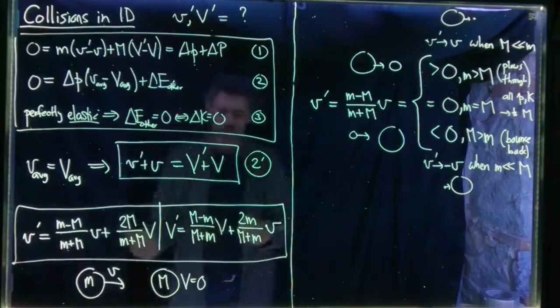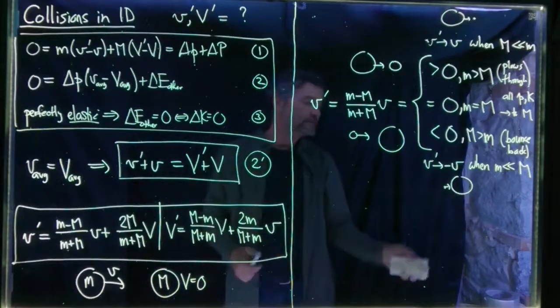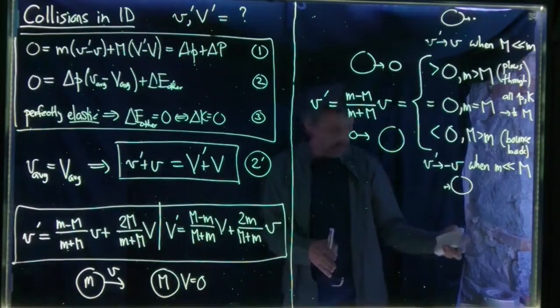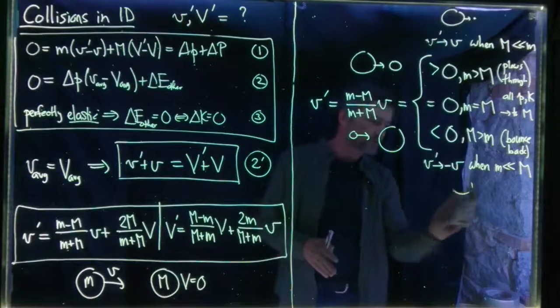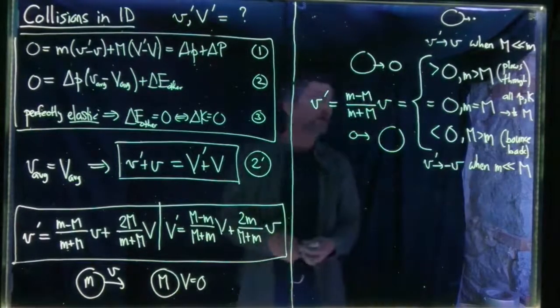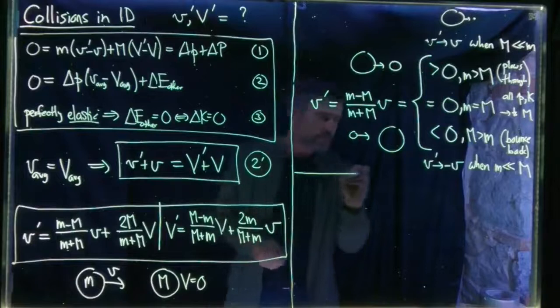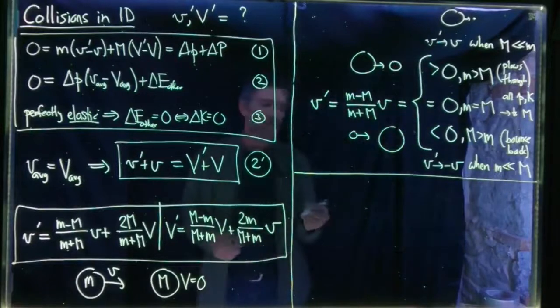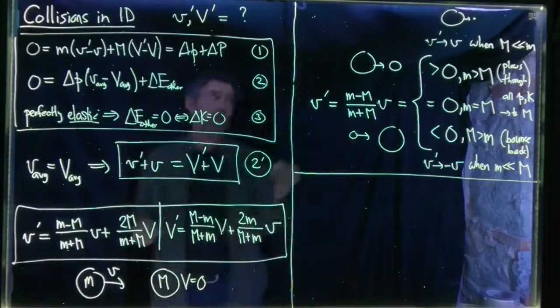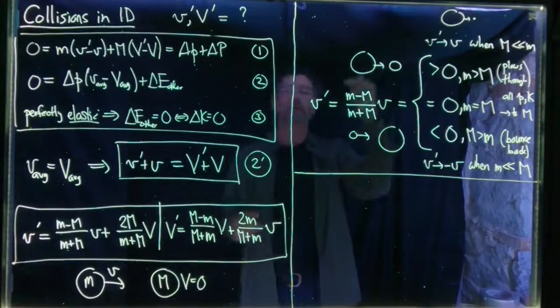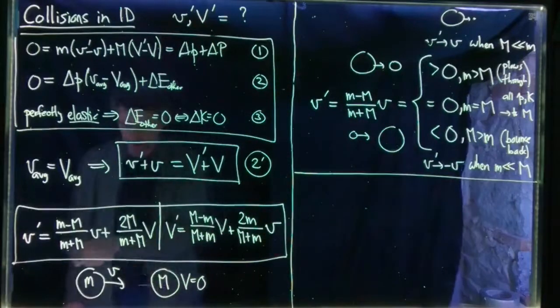Now let's look at this term, the 2m divided by the sum of the masses. And I'm going to erase a little bit of the picture here, so we have a little bit more room. Okay, so now we're solving for the final velocity. Here we solved for the final velocity of little m. Does it continue forward, or does it bounce back, or does it suddenly come to rest?